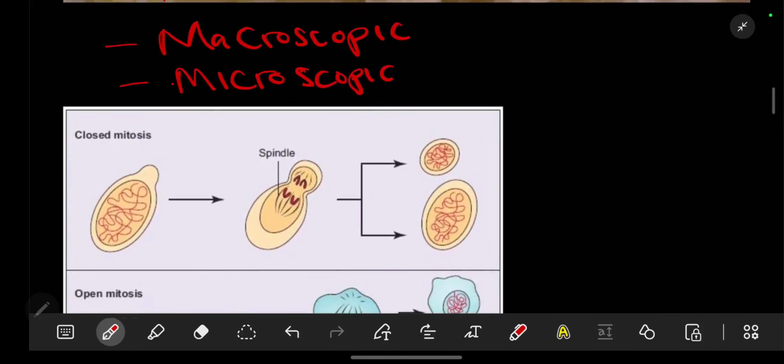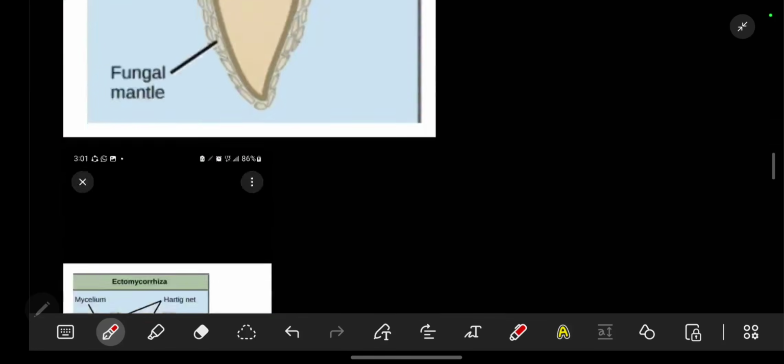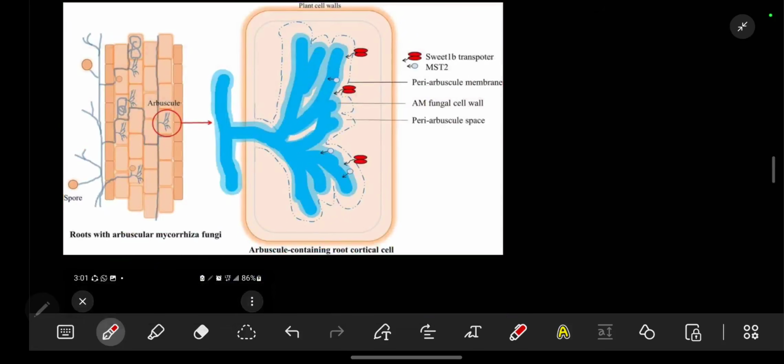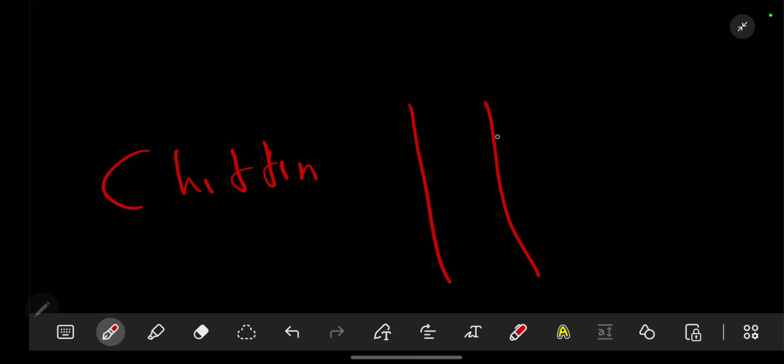Other characteristics of fungi is that fungi contains chitin. Chitin is what forms the cell wall of fungi.